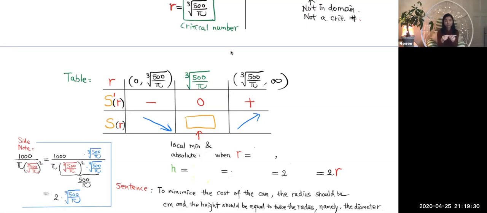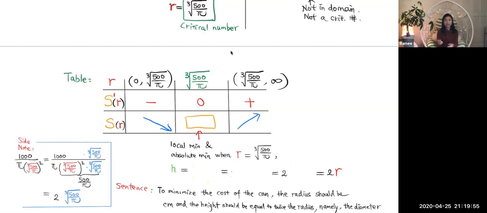So this function value has to be the absolute min, when r is equal to this number right there.